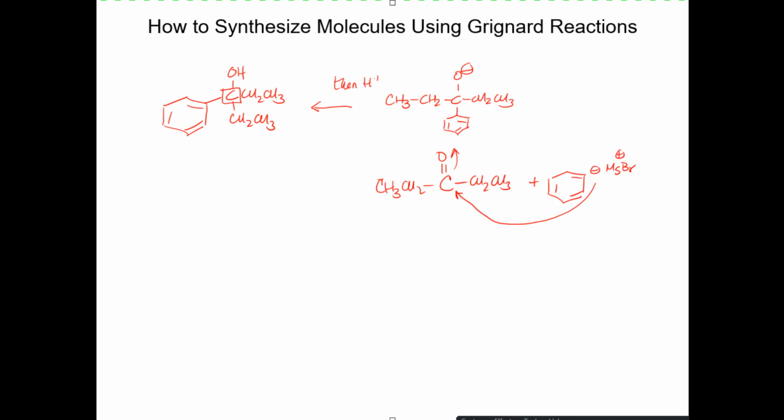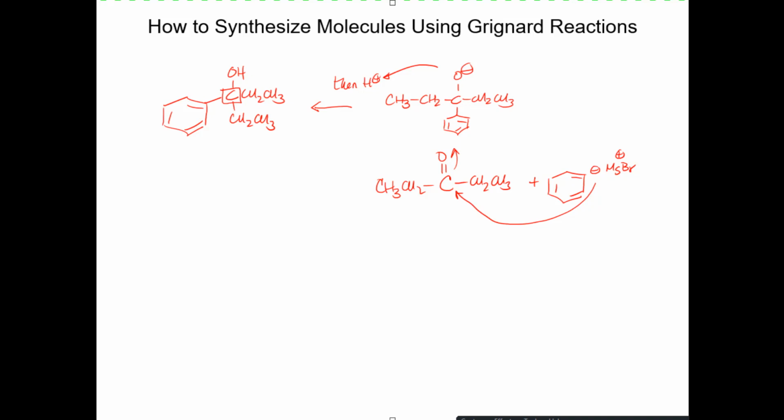Then I would do my H plus H2O step to give me the alcohol. And again, I've drawn it a little bit different. The benzene ring is down here instead of over here. It's fine. It's all the same.